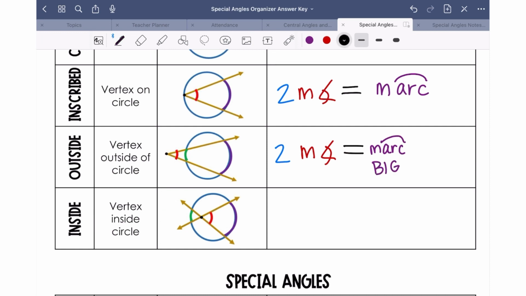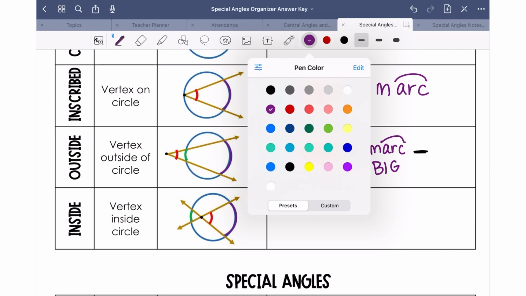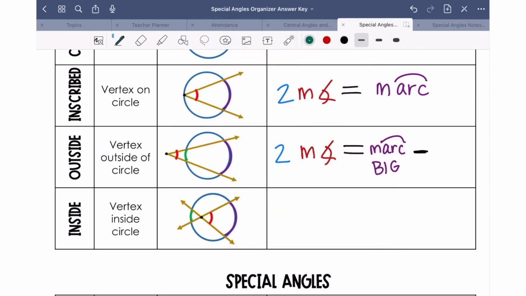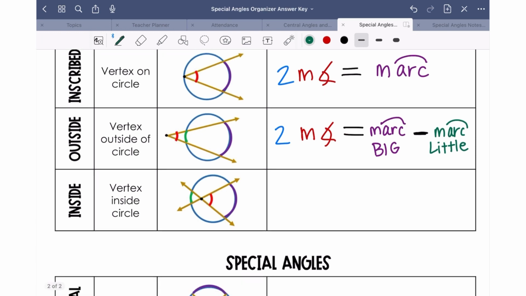The measure of the big arc minus, I used green for my little arc, the measure of the arc that is smaller than that, so the little arc. Okay, and in your problem, one will be smaller than the other, so you would be able to tell the difference, okay? So that is the formula for when the vertex is outside of the circle, okay?